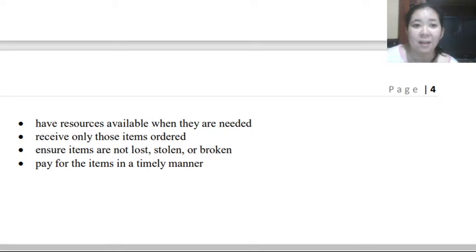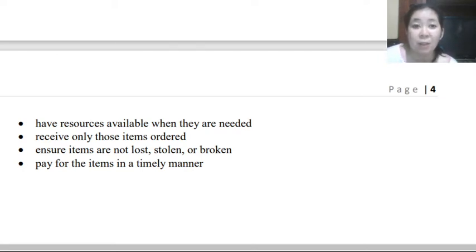Aside from that, we also have the objective to have resources which are available when they are needed. Meaning there are no possible stockouts that will occur, because this may hinder the smooth flow of the process or activity, and it can also cause delays which are costly on the part of the entity.